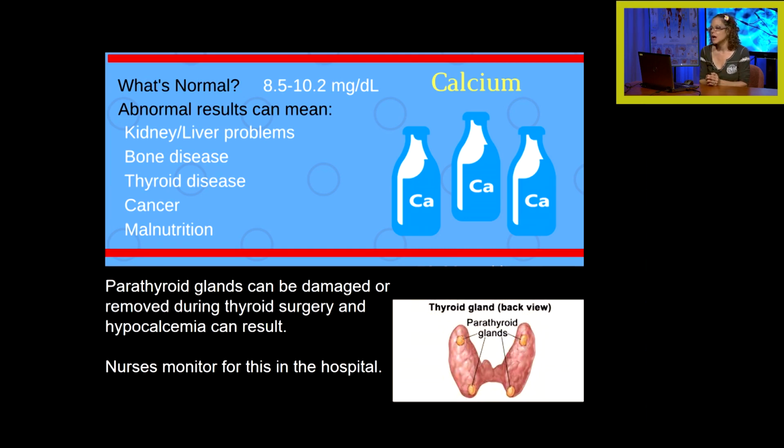Hypocalcemia is a low calcium level, below the normal range. And nurses will monitor for this in the hospital when we're caring for patients who have had the parathyroid glands damaged. This is after thyroid surgery.